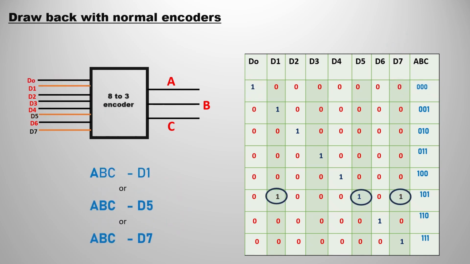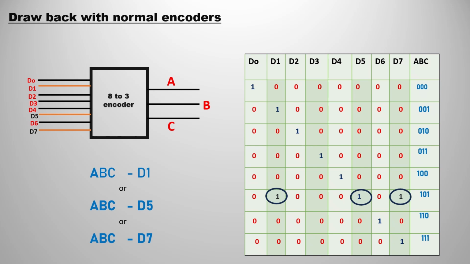See this example also. Not only that, if you have more than two inputs, suppose three inputs, active in D1, active in D5, and active in D7. Actually the active one should only be D5, but we have another two actives, so which one should be selected?